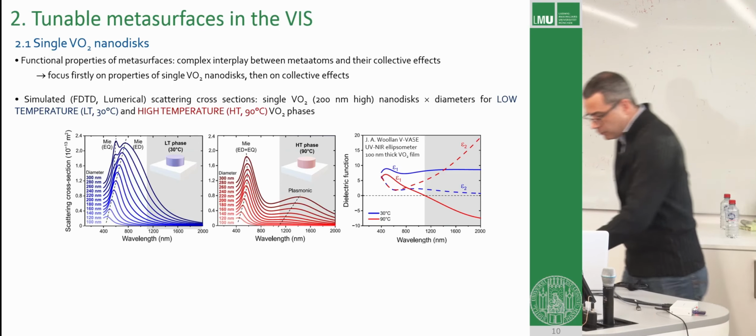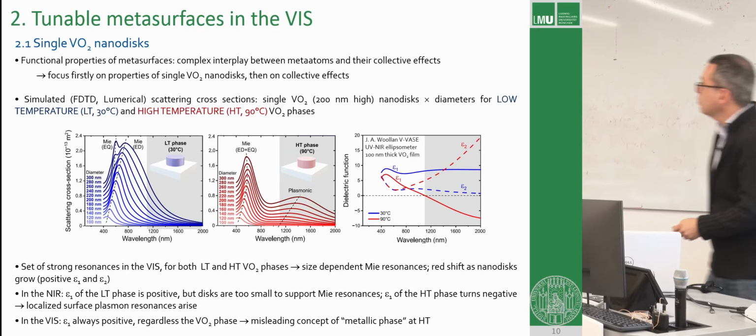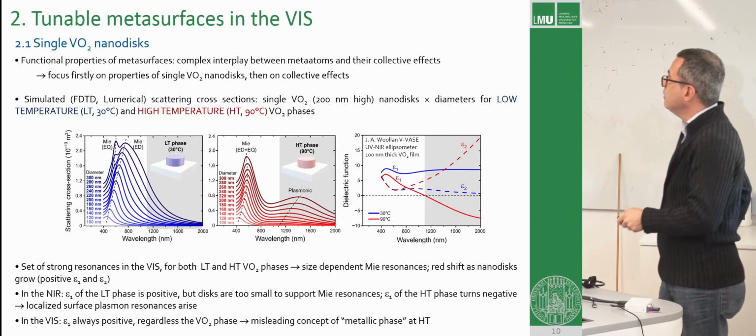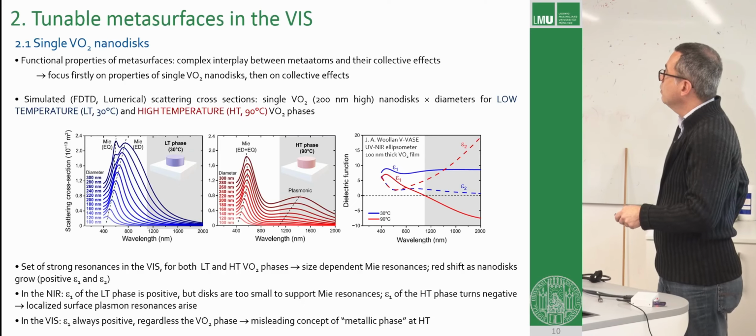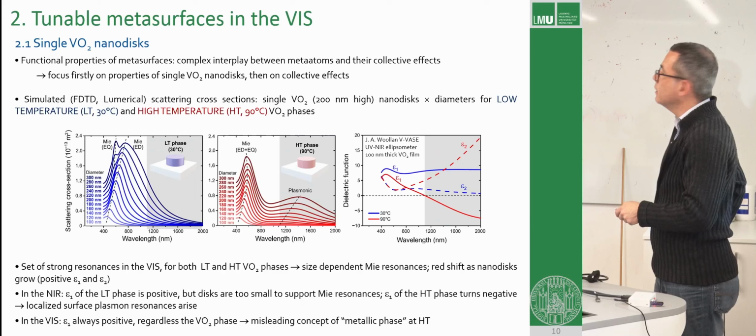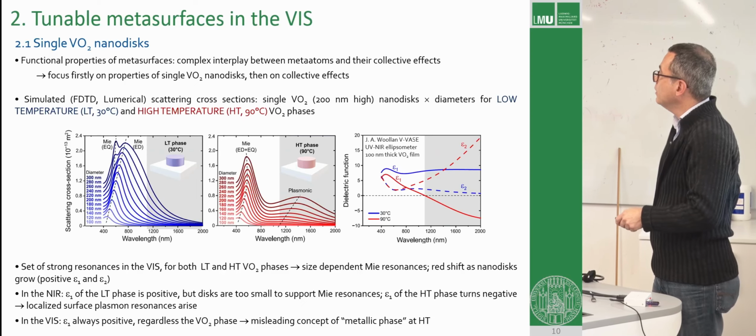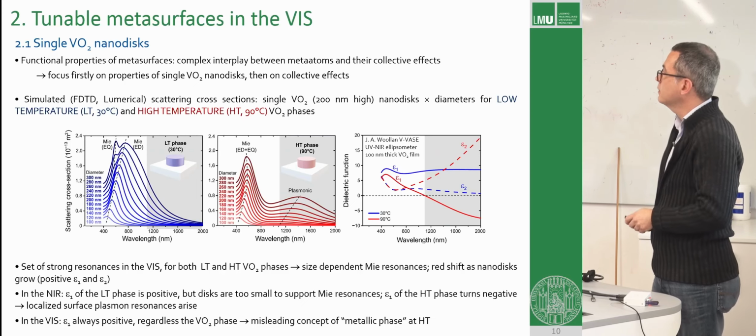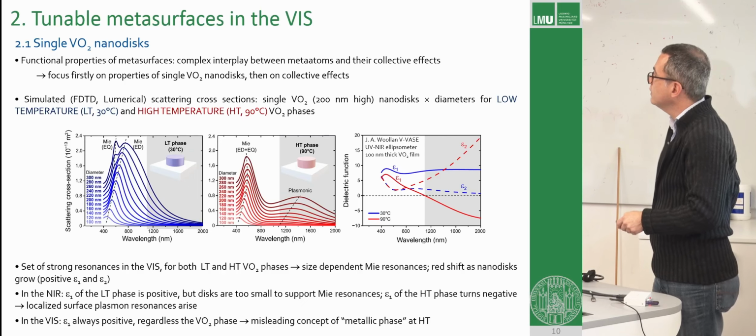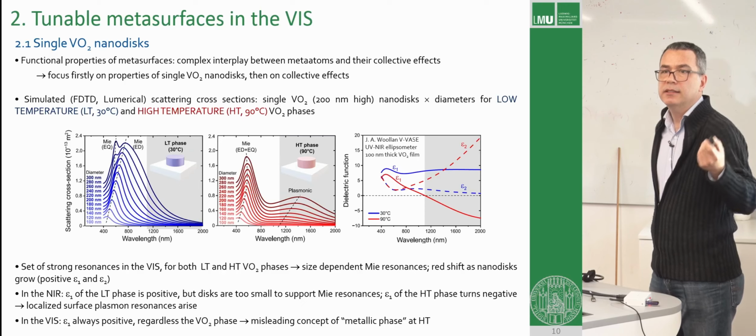What can we see here from these two graphs? We see that in the visible, for both low temperature and high temperature phases, we have a set of very strong resonances, and the scattering increases as the size of the particle increases. This is clear, right?